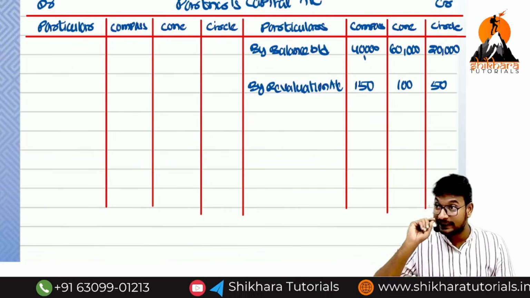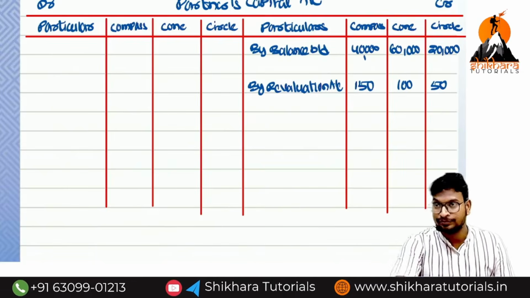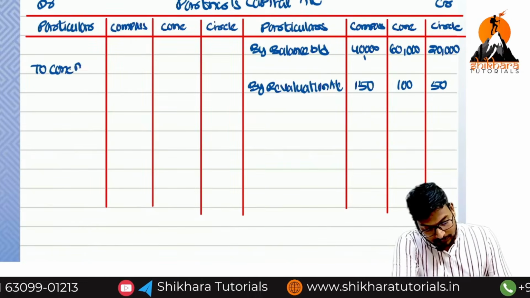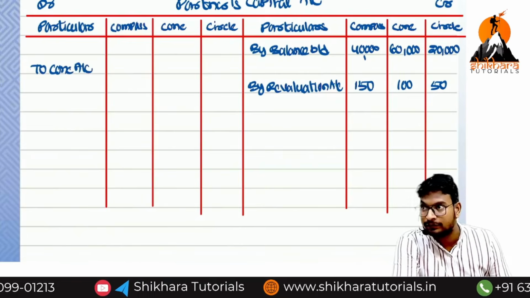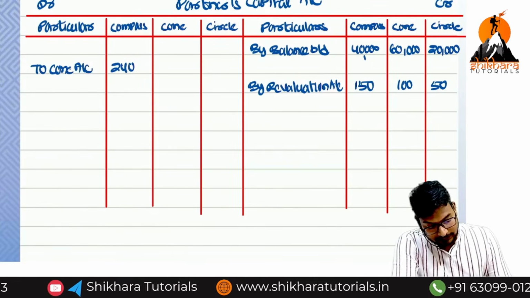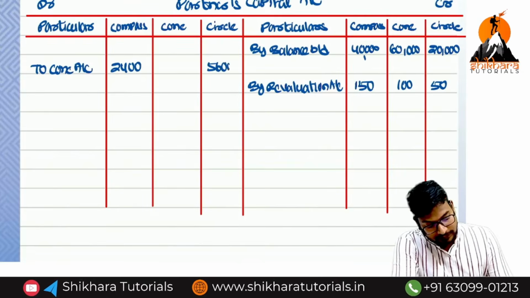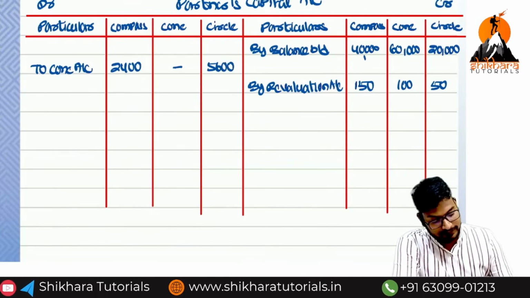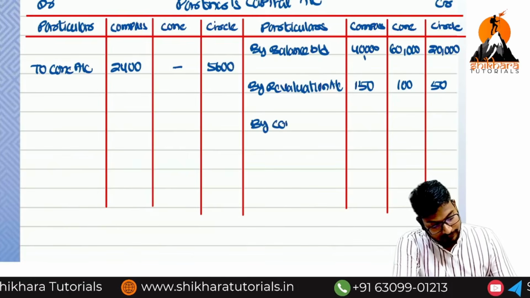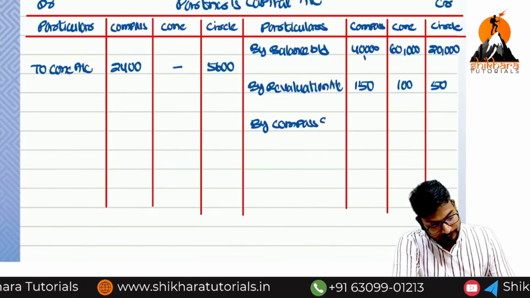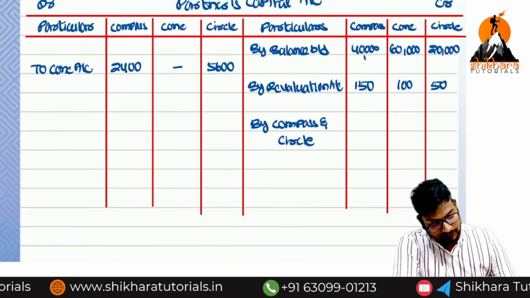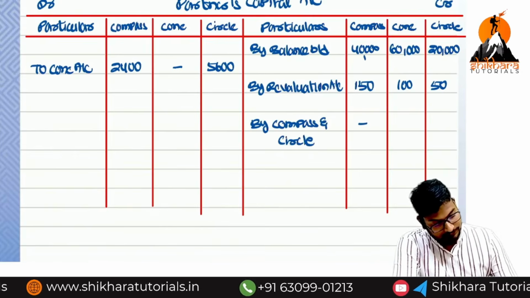Gaining partners account debited to Cone only, to Cone account. What are the amounts? 2,400, 5,600. And here what do we write? By Compass and Circle, 8,000.